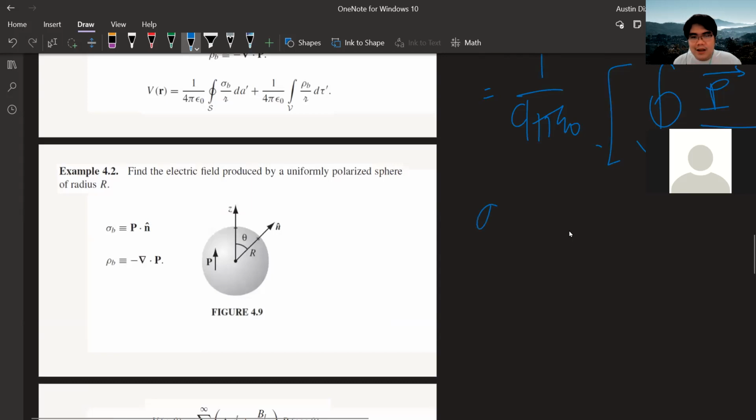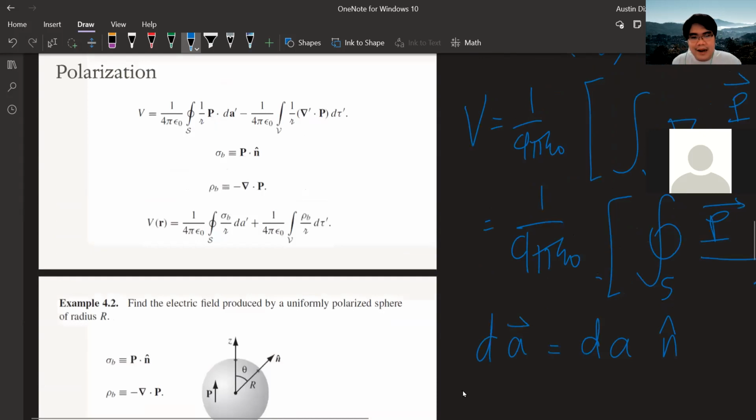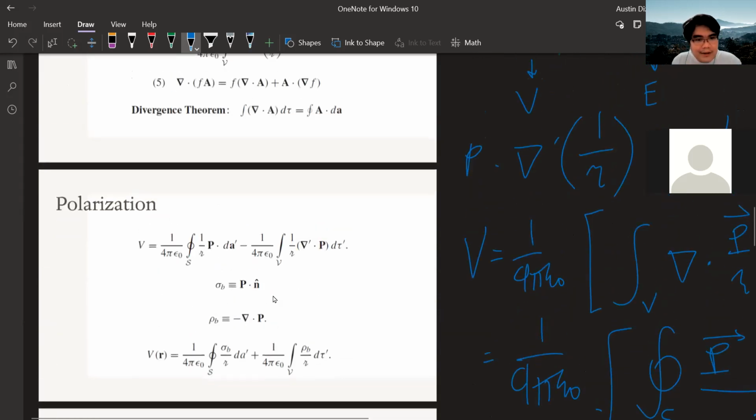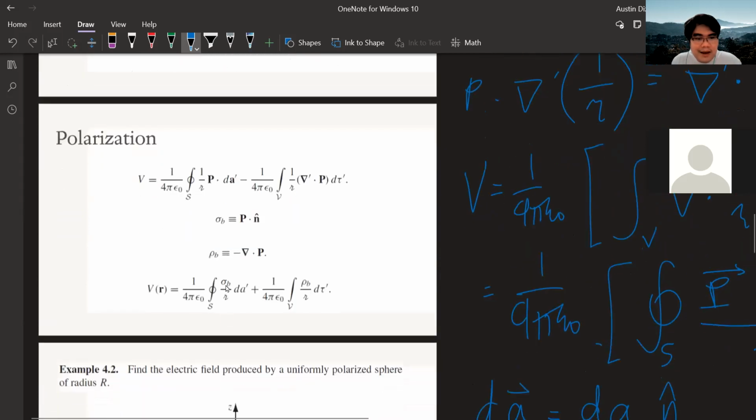Kasi yung dA na infinitesimal surface area is always like this, dA times n hat. Diba? So, hiniwalay lang. So, let's write that down as sigma B. And that's that guy. dA na lang. Hindi na siya vector over R. So, that's your first term.